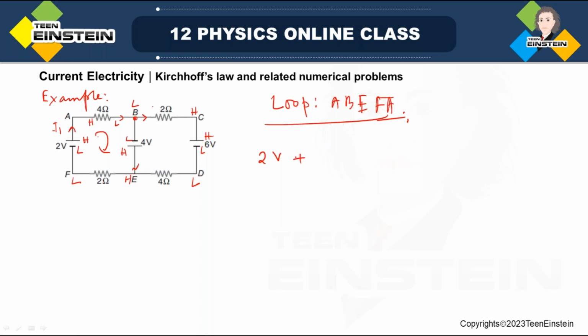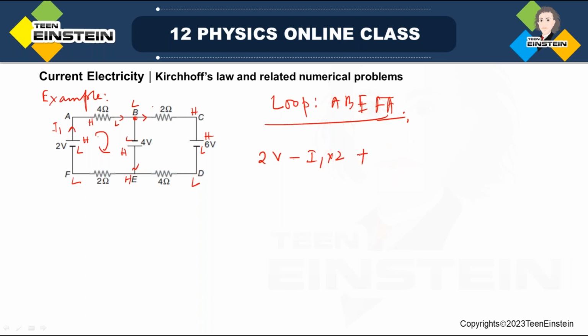I'm supposing current I1 is passing through the 4 ohm, so it will be minus I1 into 2.